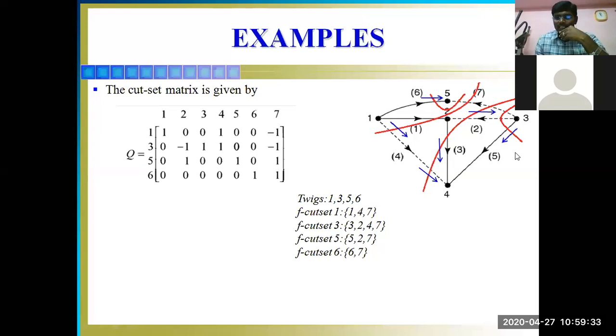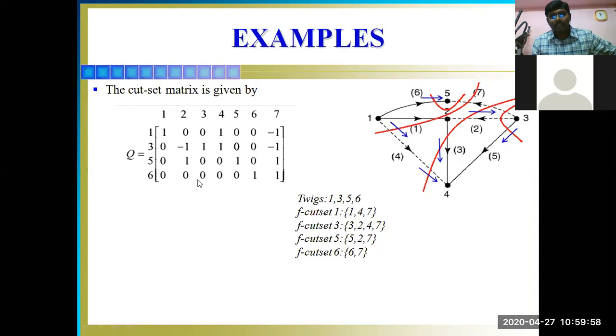Coming to the fifth cut set, it consists of 5, 2, 7. The direction is away from node 3. So for 5, it is away. 2, it is away. 7 also away. All positive: 2, 5, 7, all are positive.